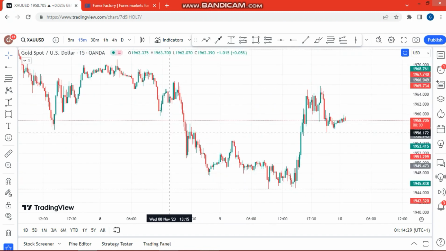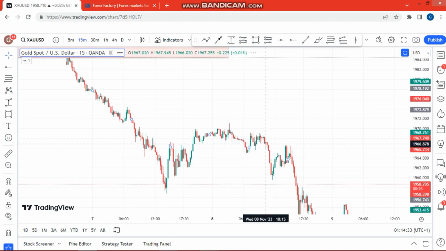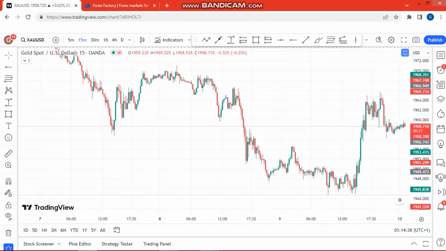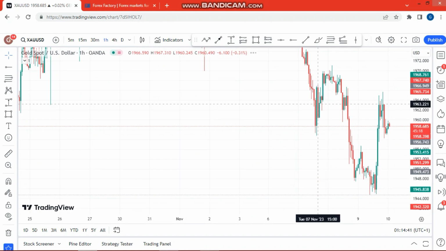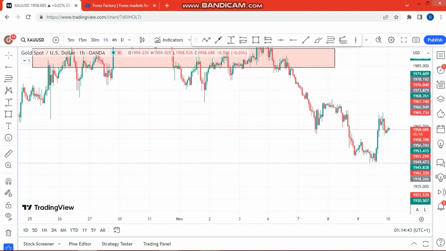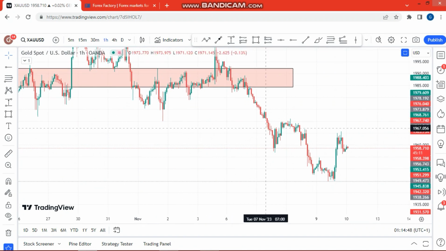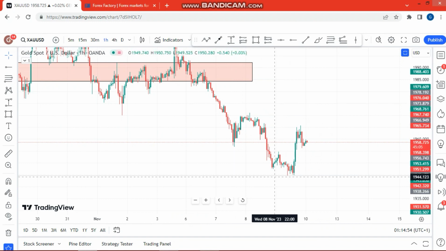if you notice, first of all, this has been trending to the downside crazily. So let me go back to the 1 hour time frame. All right, good. If you notice, price started coming down in this downtrend right here, creating lower lows and lower highs right here.